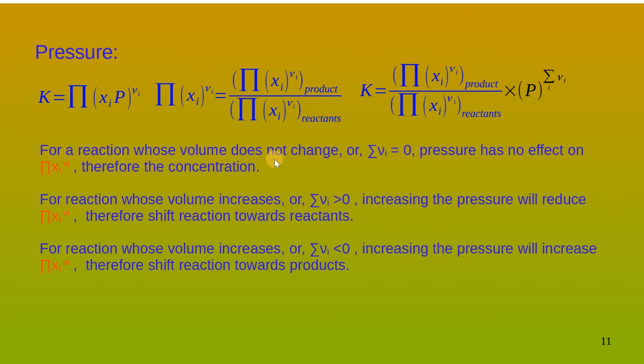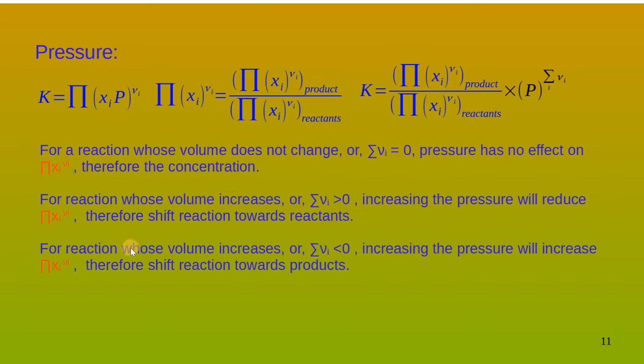Now, for a reaction whose volume does not change, which means a reaction for which the total number of moles initially is equal to the total number of moles finally, summation nu I will be equal to 0. Therefore, pressure will have no effect on the product of the concentrations raised to their stoichiometric coefficients. And therefore, the reaction equilibrium will not shift.